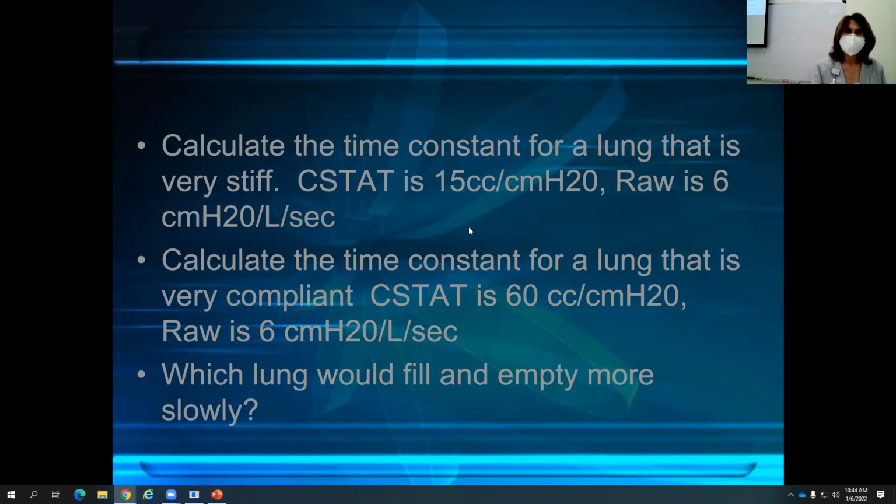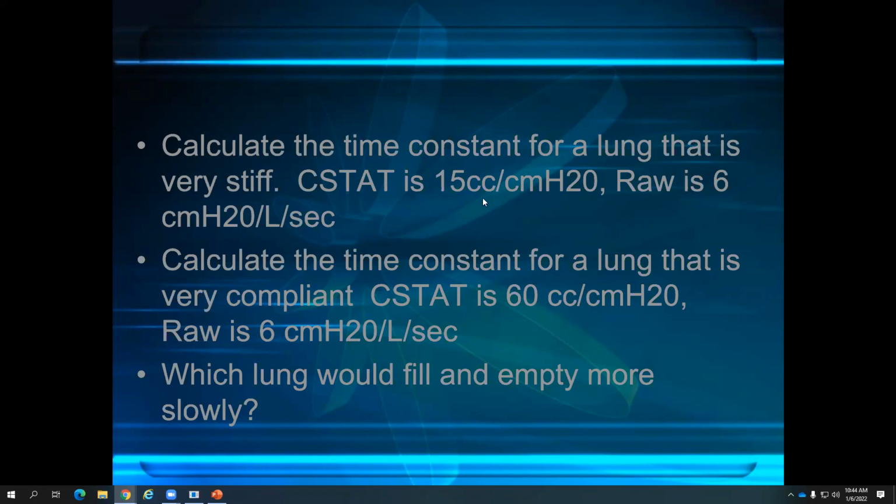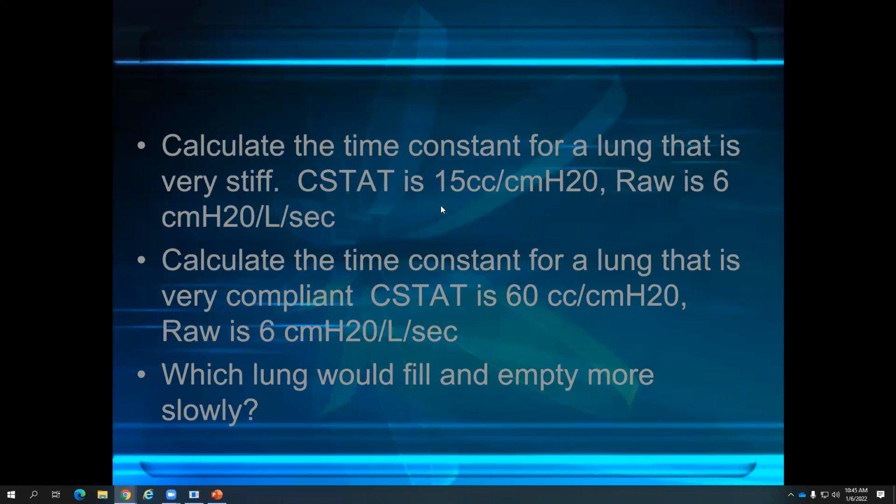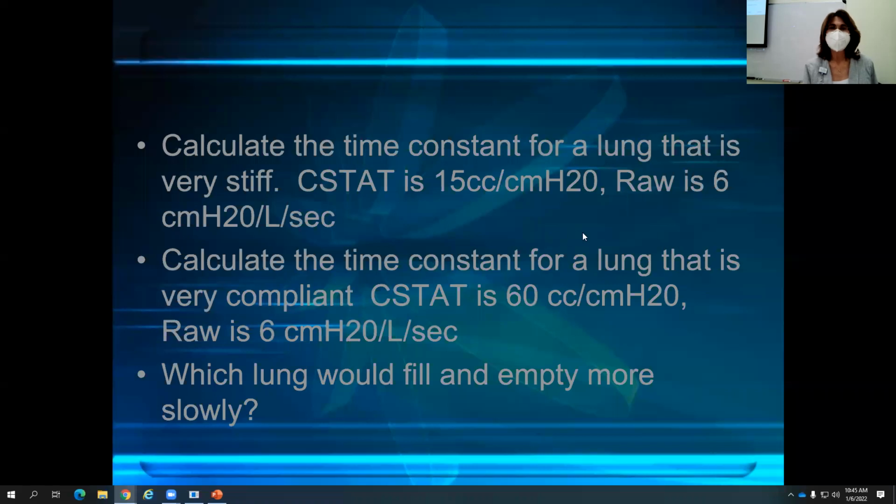So do you guys know what to do for this? You're going to multiply these 2 numbers. Brent, you know? Okay. But before you multiply these 2 numbers, what do you have to do with the cc's? Change it to liters. Very good. So 15 cc's is how many liters? Very good. 0.015.